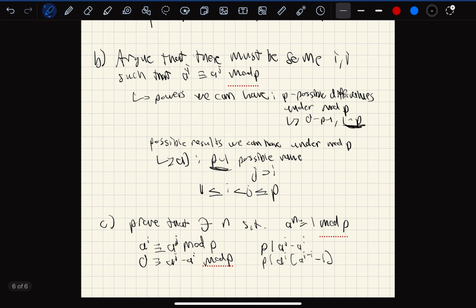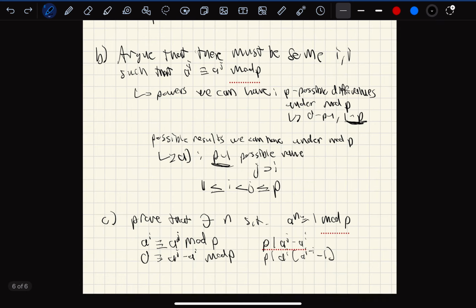And as we know that a is not divisible by p for any power of a, this by itself isn't true. So that means that the other factor being divisible by p has to be true. Just properties of mod, right? We can have one thing that's not a multiple, but if it's multiplied by another thing that's a multiple, then that works under mod.